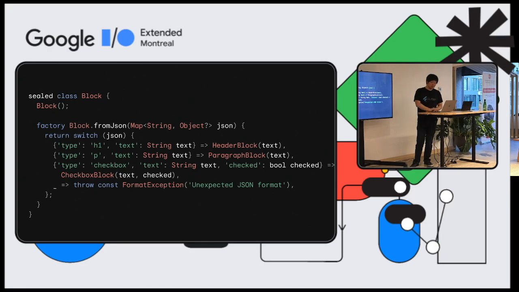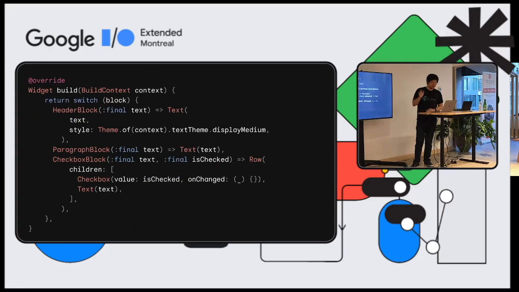So how do I use it? Let's say now I initiated the block instance. And here, you see the block instance can be a header block, a paragraph block, or a checkbox, right? This one is also a kind of pattern matching. When the block instance is a header block, I'm going to render a text component with the display medium style.